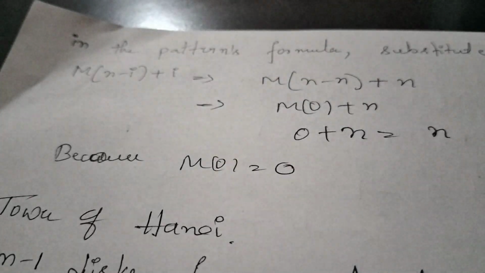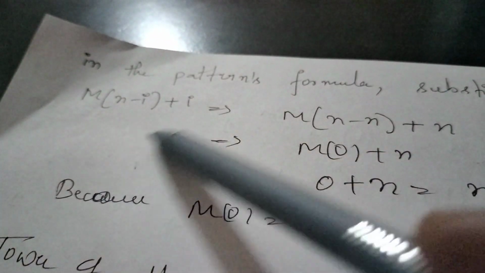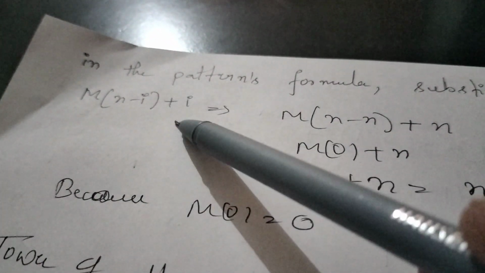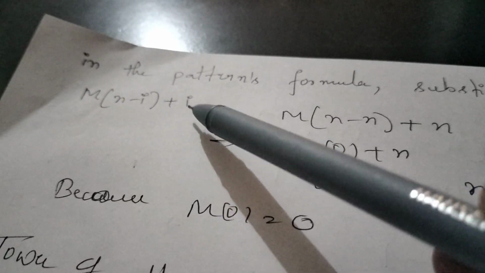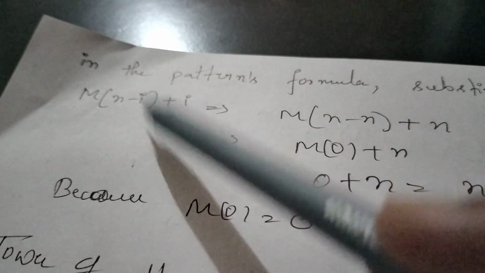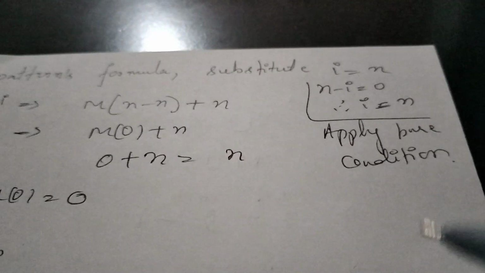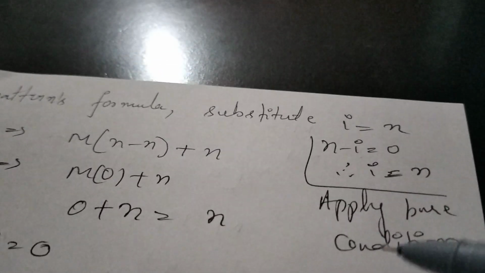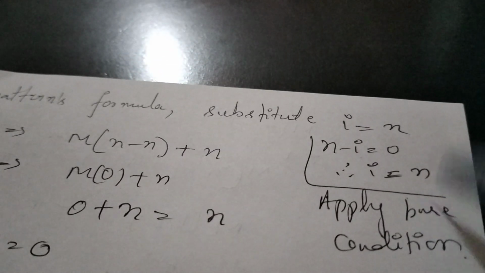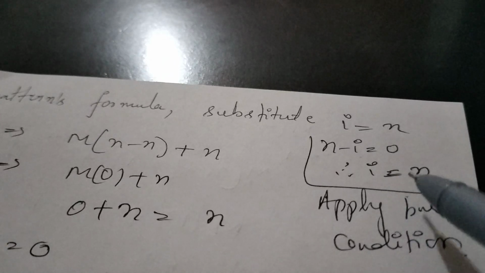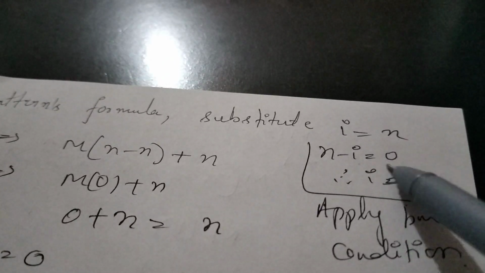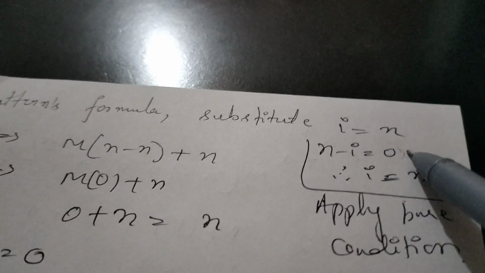When we get this general equation, you should go and look at the base case of the algorithm. What is the base case of the algorithm here? The base case says that m of 0 is equal to 0.